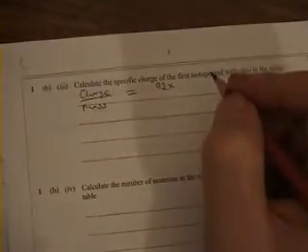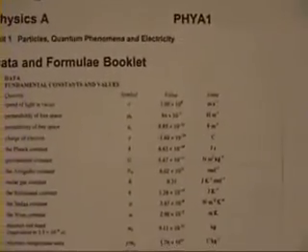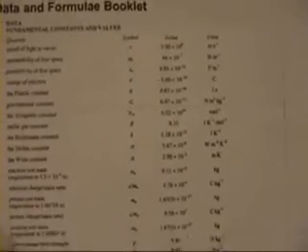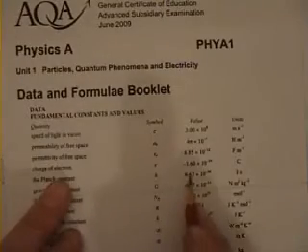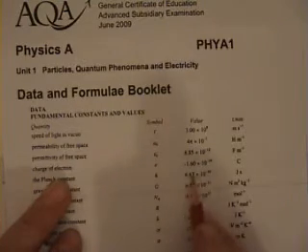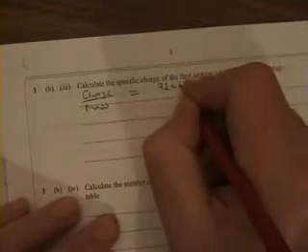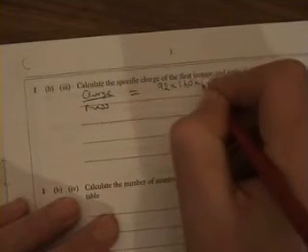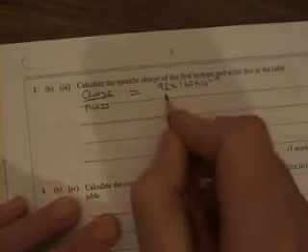Well, the charge on a proton is the same as a charge on an electron, which hopefully you will remember. If you don't remember it, you have to look it up on the data sheet, which is there. For electron, it's given as minus 1.60 times 10 to the minus 19 coulombs. Obviously, proton is plus. So 92 times 1.60 times 10 to the minus 19.